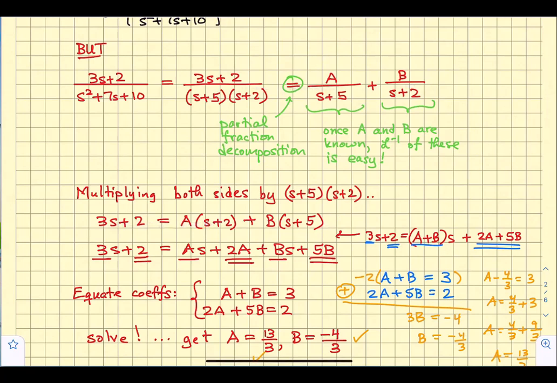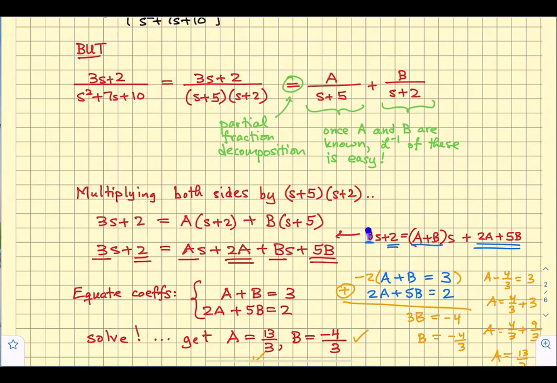And now there's a variety of ways that you can proceed. I'll show you one way: we can expand this out. We can collect all of our s terms together, collect all of our constant terms together. If you rewrite this as 3s + 2 = (A + B)s + (2A + 5B), then if this linear function of s equals this linear function of s, the only way that can happen is if the coefficients of like terms are equal.